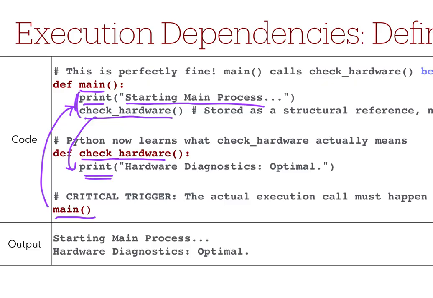So when you run this code, you will see the output from the first line of the main function first, and then that is followed by the statement generated by the print function of the check hardware function. Okay, that's how the output is generated in this code.